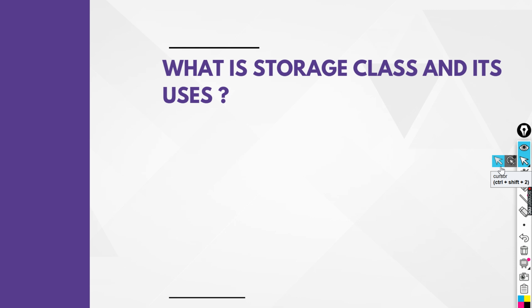And then for extern storage class, used to extend, its scope is global, accessible across multiple files, and its lifetime is throughout the program, and its memory location is data segment, and its default value is stored as 0.